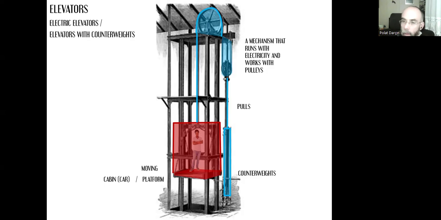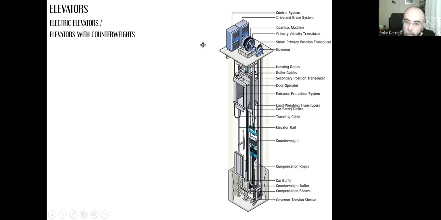These are called pulleys. As the counterweights go down, the cabin raises, or vice versa. If we want to move the cabin downwards, then we need to raise the counterweight. So the mechanism is on the top and it controls the direction.